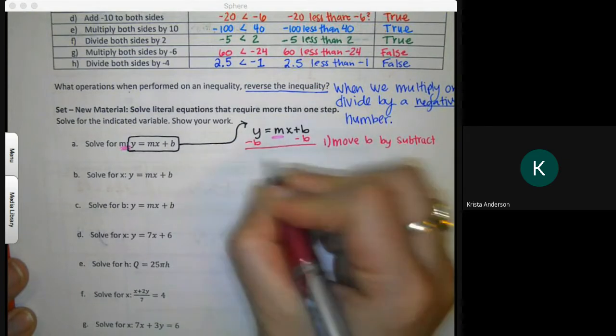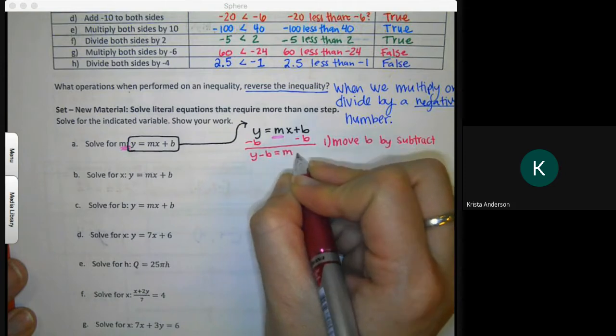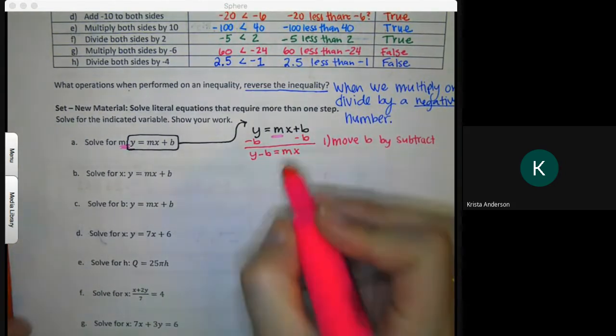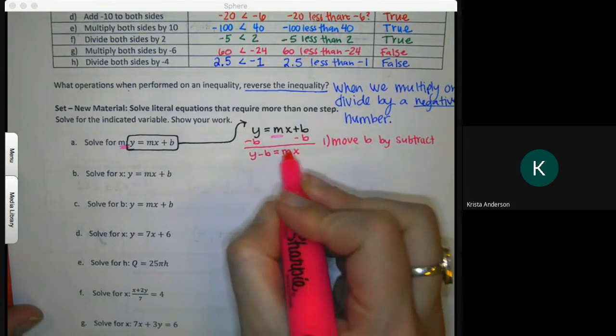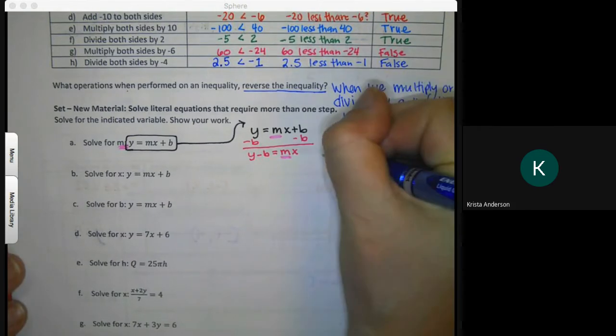That gives me y minus b equals mx. Now the m is so close. It is almost alone. How do I get that x to let go of the m and go to the other side? Divide it.